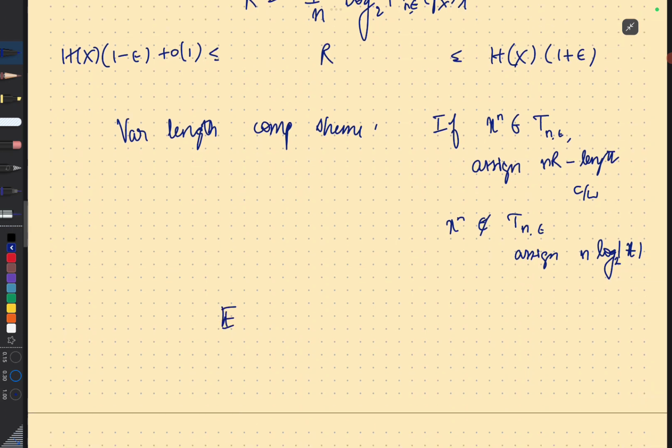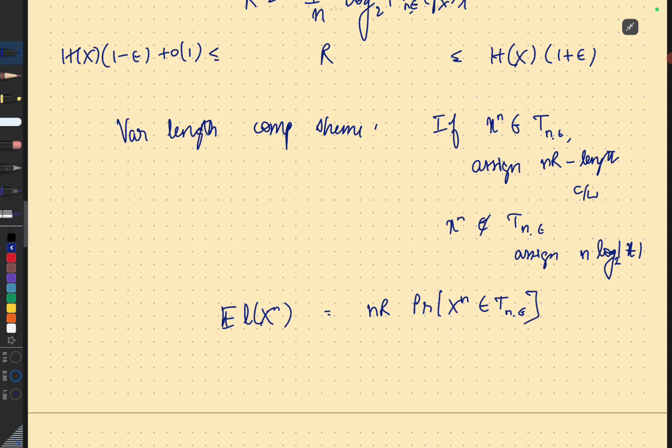The expected length would be equal to nR times the probability that xn is in the typical set.